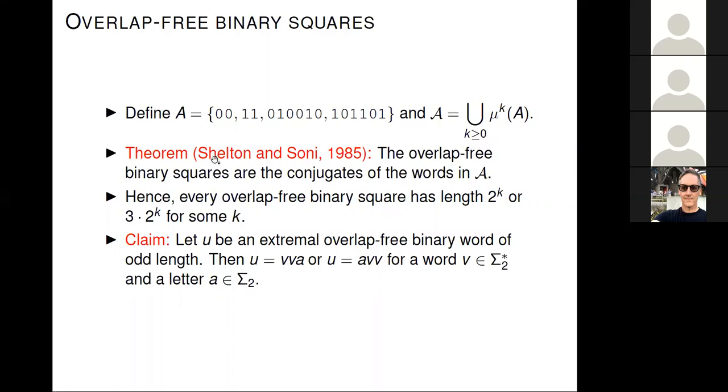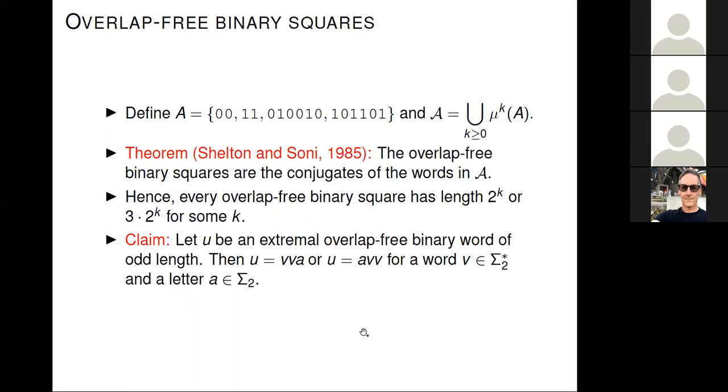So you get that the overlap-free binary squares are exactly the conjugates of the words in this set. So in particular, since we started with words of length 2 and 3 times 2, and we apply a 2 uniform morphism, the overlap-free binary squares have length 2 to the k or 3 times 2 to the k for some k.